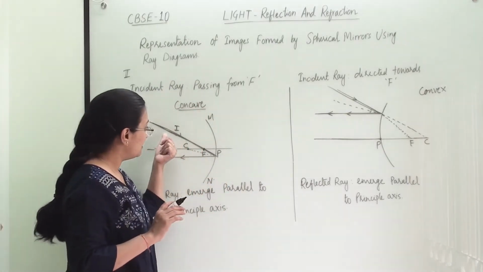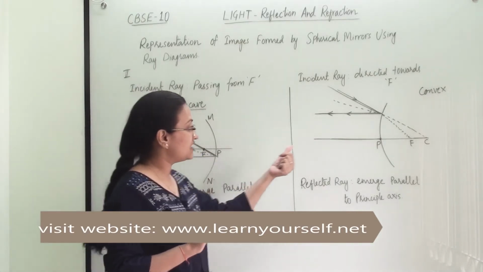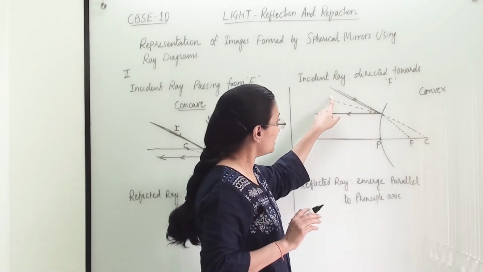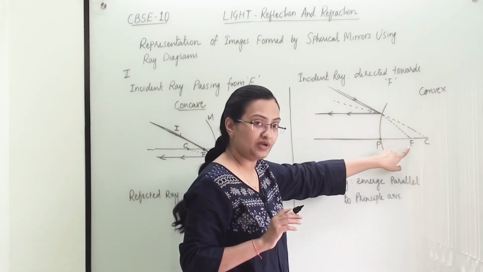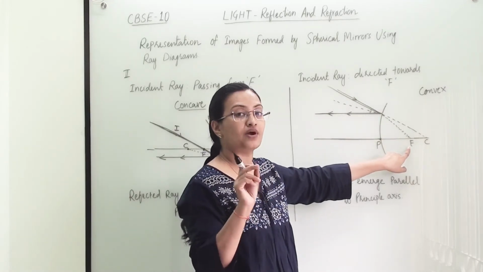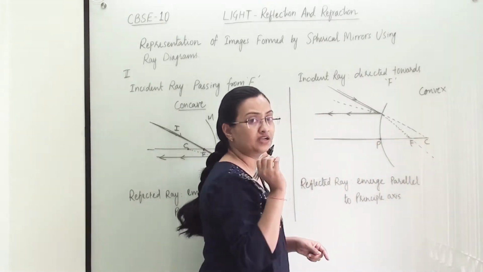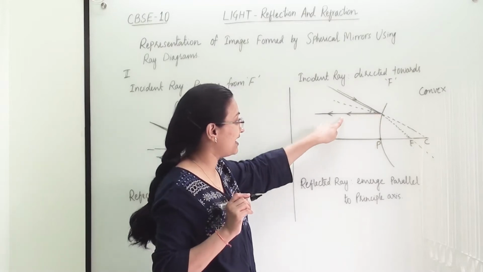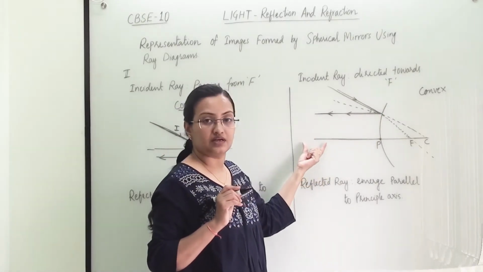Here we can pass through the point F because it is in front of the mirror, but here we make the ray fall such that it is directed towards F. If we extend it further behind the mirror, it will pass through the point F. In that case, that ray will reflect back and emerge parallel to the principal axis.